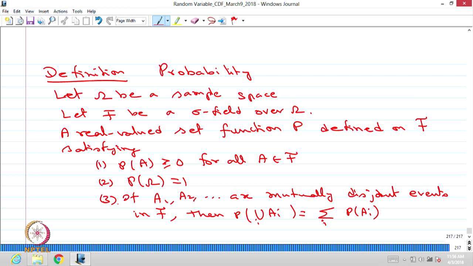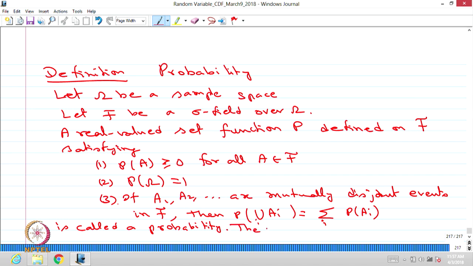Basically a real valued set function P defined on F satisfying these three conditions, that is called a probability.